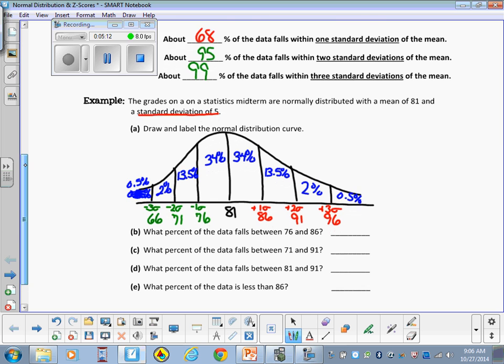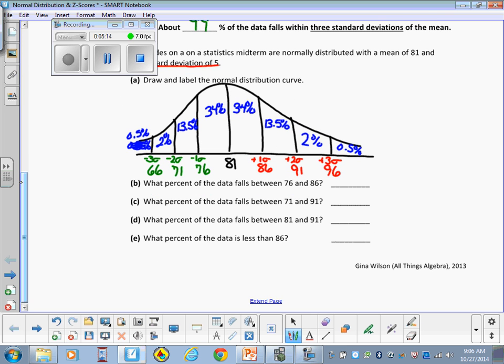Okay, what percent of the data falls between 76 and 86? Another way to ask this would be what percent of the data falls within one standard deviation? 76 to 86. So that's going to be 68%. What percent of the data falls between 71 and 91? Well, another way to say that would be what percent of the data falls within two standard deviations. Right?